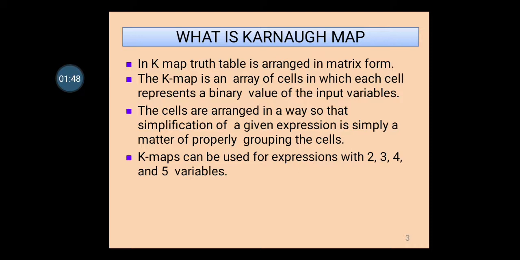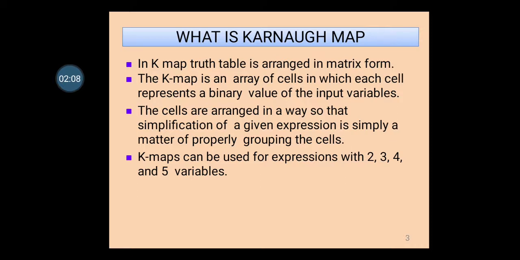K-map is an array of cells in which each cell represents a binary value of the input variables. So each cell has its number, like a room number.